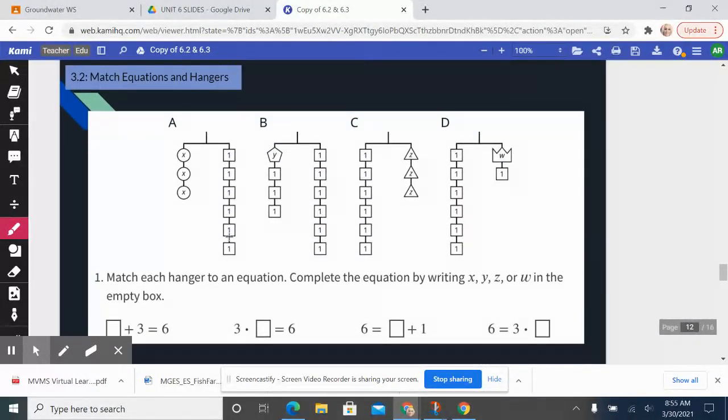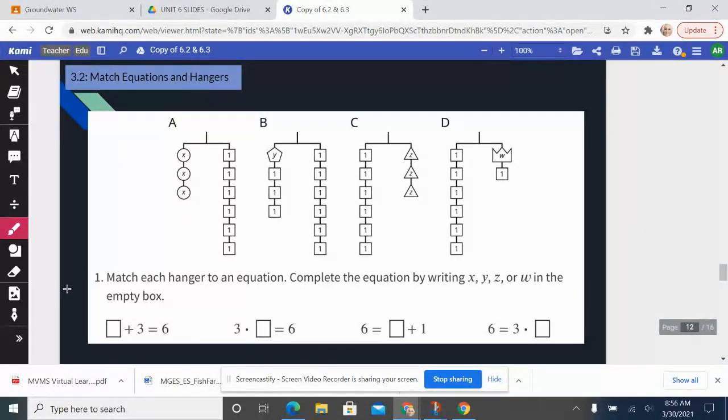So 3.2, match equations and hangers. All right, so match each hanger to an equation. Complete the equation by writing X, Y, Z, or W in the empty box, okay? So we're looking at these, and it says something plus 3 is 6. Okay, so we're going to look at these, and we're going to decide which one is which, right?